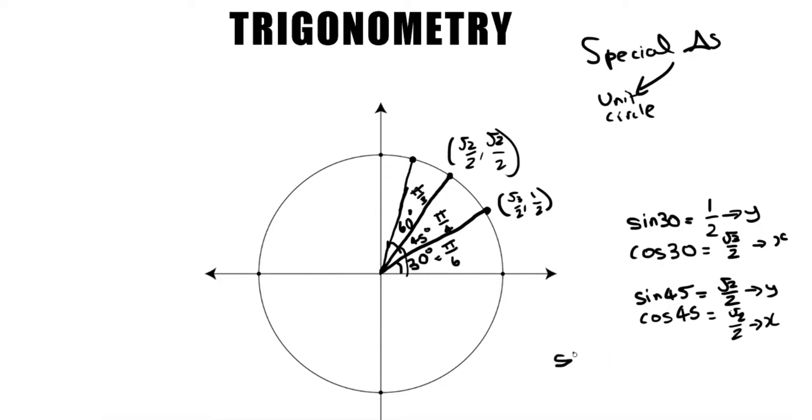Okay, so I'm going to do the calculations in radians for this. So the sine of pi/3, which is the same thing as 60 degrees, but I'm just showing you in radians so that you have a good idea of what's what. It's going to be the y coordinate, and if you remember our rule, the cosine of 30 is equal to the sine of 60, so that's going to be √3/2. It's going to be the y. The cosine of pi/3 is going to be 1/2, because sine of 30 is cosine of this.